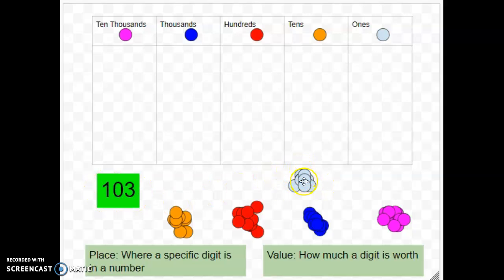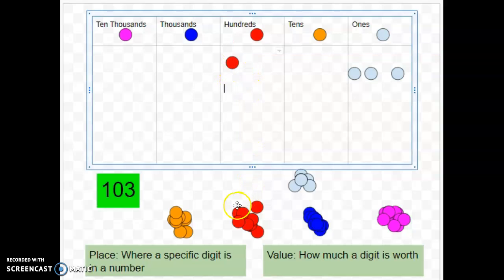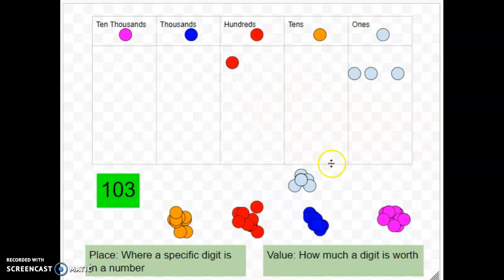So let's go ahead and build that number. 3 ones: 1, 2, 3. Since we don't have any tens, we're not going to put anything in this place value right here. And then we're going to put 100, which is the red guy right here. So we have 100, 0 tens, and 3 ones. Our number is 103.